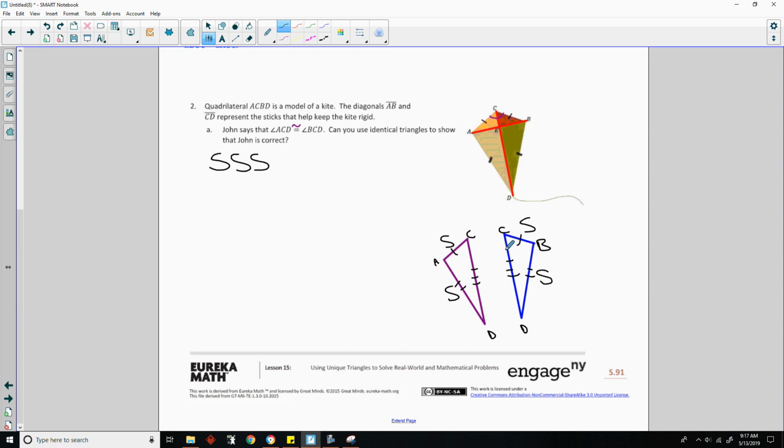Since that is true, all the parts of a congruent triangle are congruent to all the corresponding parts of the other triangle. So two triangles that are congruent, everything has to be congruent.